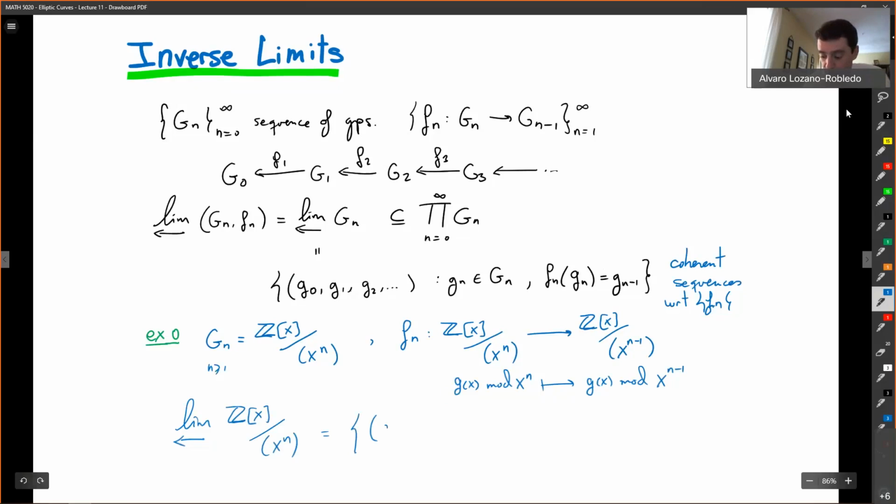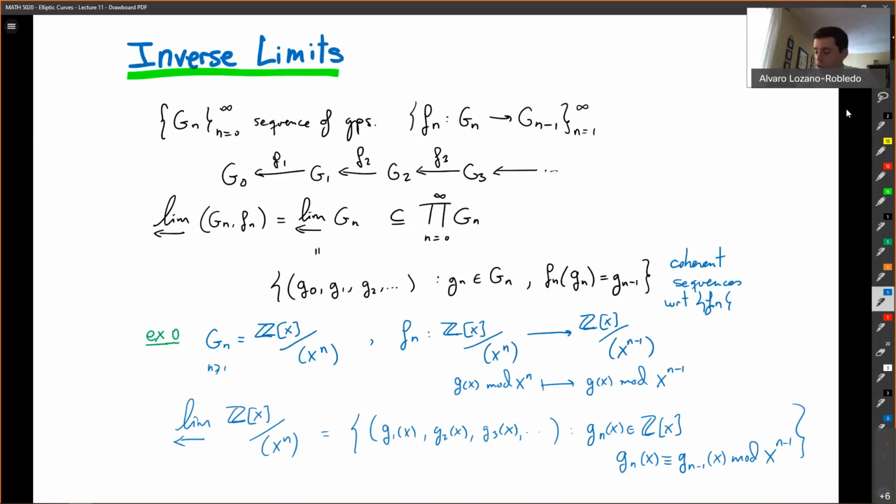So there's going to be a polynomial g1(x), a polynomial g2(x), a polynomial g3(x), etc., such that each gn(x) is an integer polynomial, and such that when you reduce modulo a smaller power of x, you get the previous one, such that gn(x) is congruent to g(n-1)(x) modulo x to the n minus 1.